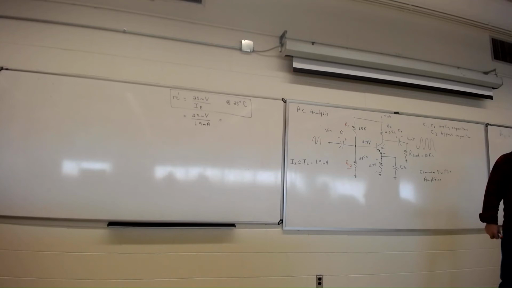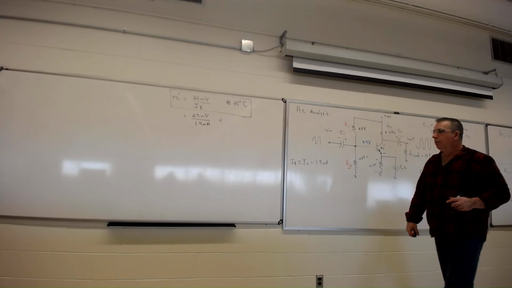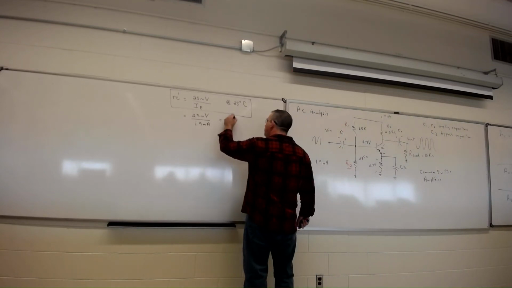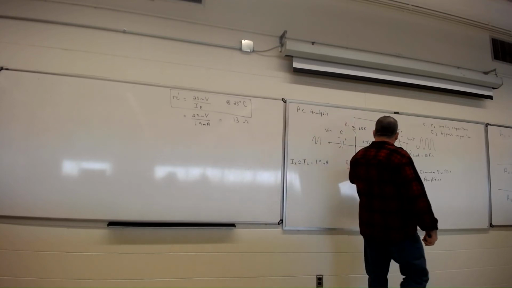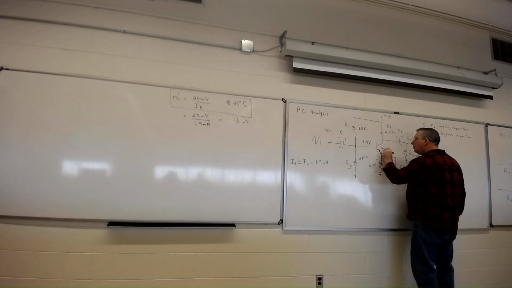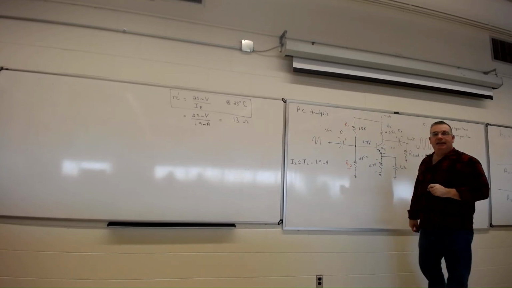Give that a shot. Yeah, 13.16. We'll just put 13 ohms. So this little resistance right here, this r prime e, accounts for about 13 ohms. We're going to need that for our gain calculations.